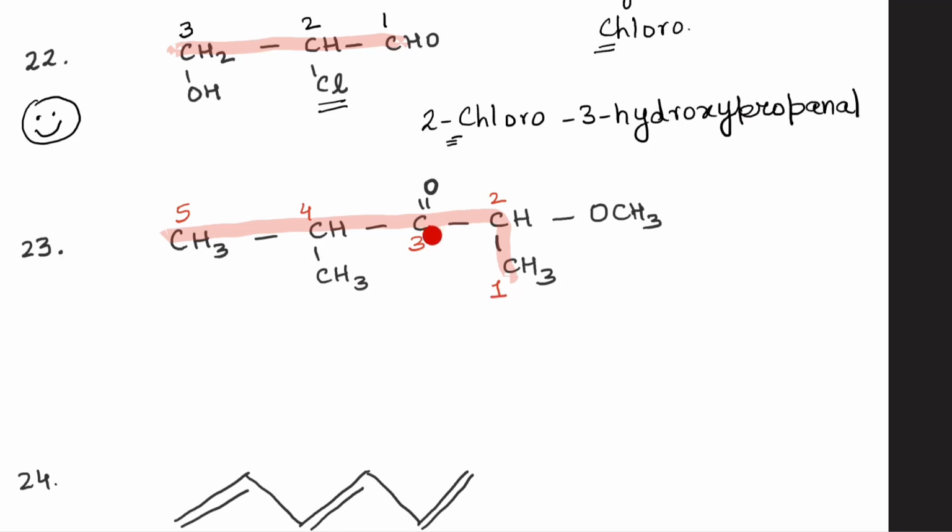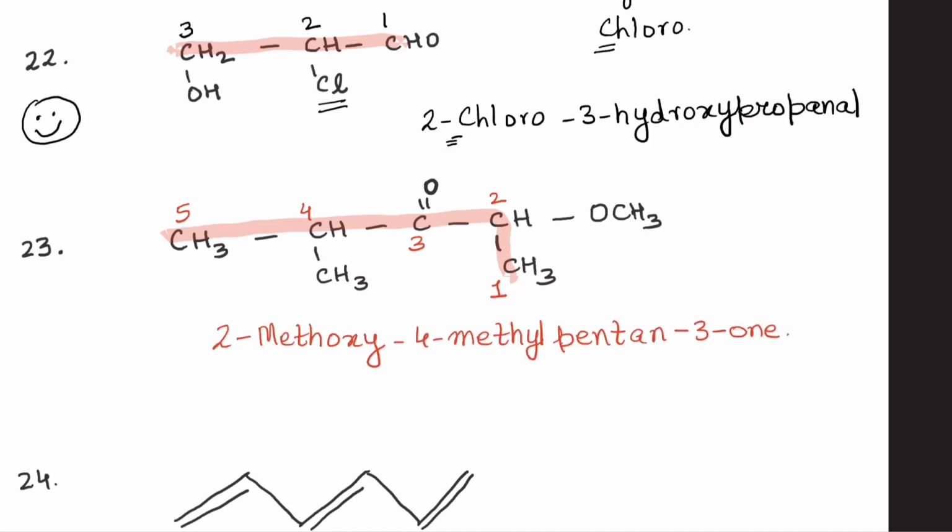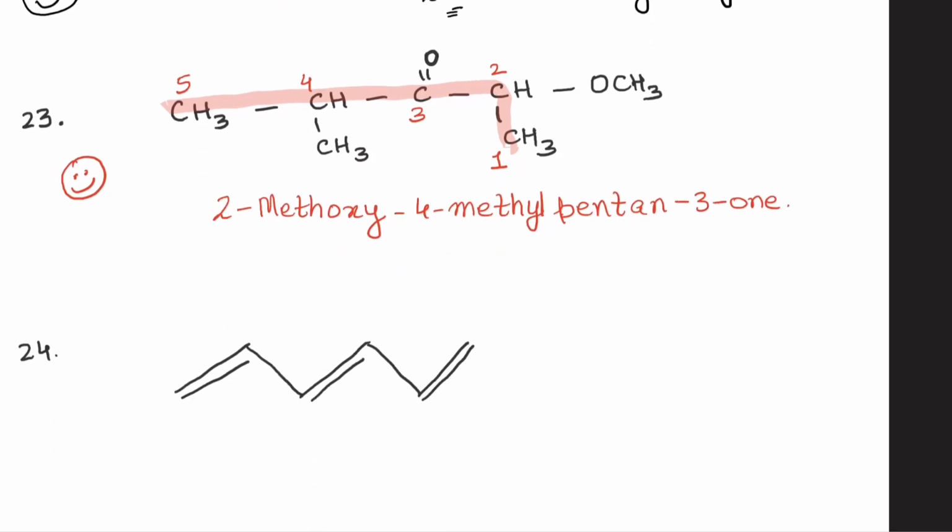So our next priority would be to see how the methoxy gets the smaller number, that is, if we start numbering from right to left. The name of this compound is 2-methoxy-4-methylpentan-3-one. Good going so far? If you've written 4-methyl-2-methoxy pentan-3-one, I'm okay with that. Accepted. Your smiley is accepted for this question as well.